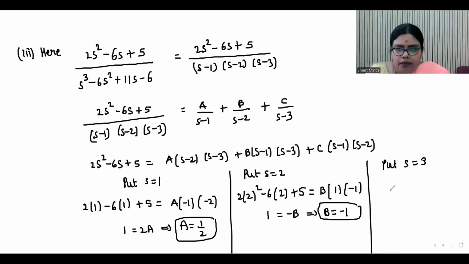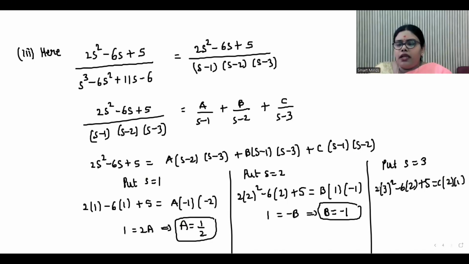If I put s equal to 3, the first and second terms will become 0. So you'll get 2 into 3^2 minus 6 into 3 plus 5 is equal to C into (3 minus 1), which is 2, and (3 minus 2), which is 1.